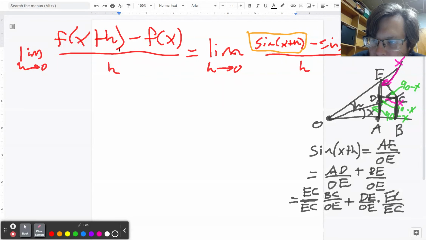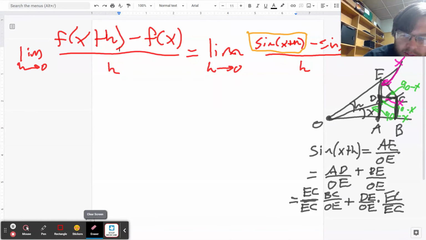I think something is a little bit wrong. Yes, on my first triangle, I don't want to use EC over EC because EC doesn't have anything to do with BC, excuse me. So I'm going to multiply by OC over OC.